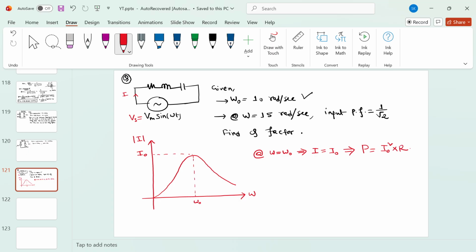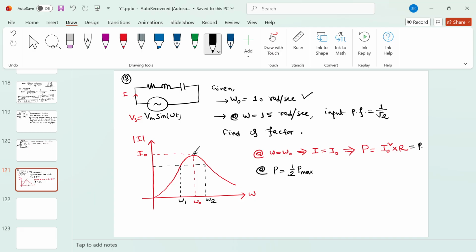There is something we call the half power frequency. The power you get at this frequency, you will get half of that power at two different frequencies. We call these omega 1 and omega 2. At half power frequency, P is equal to half of the P max.